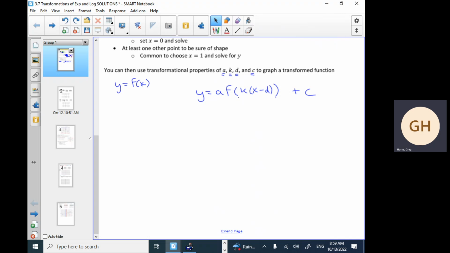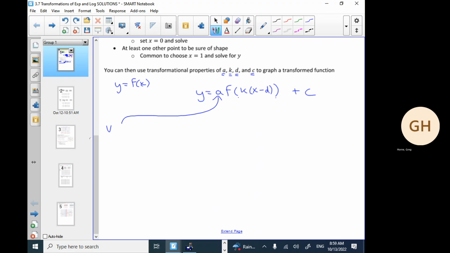So let's go through each of the transformations just as a review. This one here, A, is your vertical stretch or compression. We'll use short forms for this.